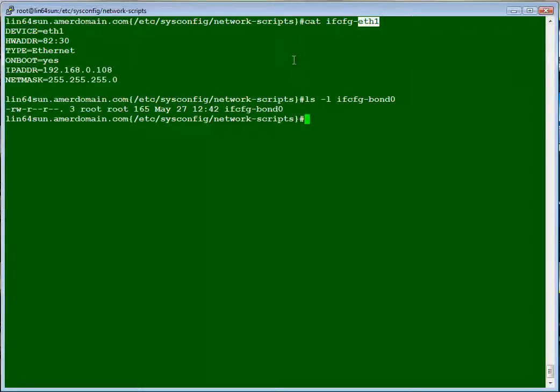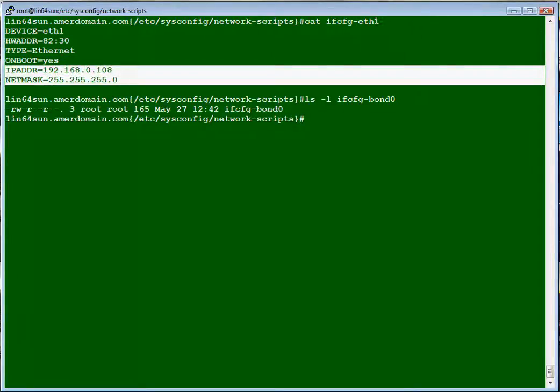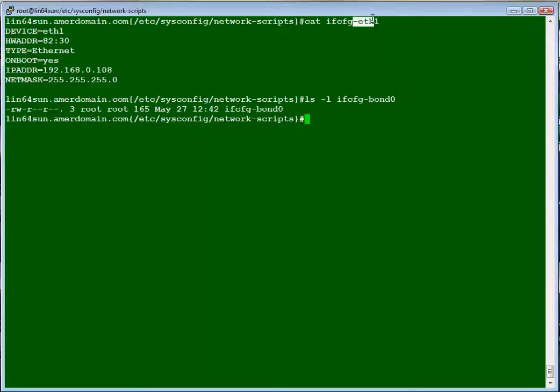That's the reason, instead of assigning the IP address directly to the Ethernet card, you create a bond, a logical Ethernet card which internally contains multiple physical cards, and that logical card has the IP of your machine.